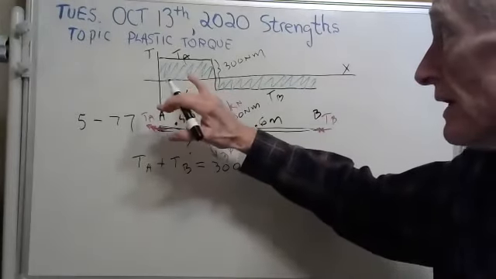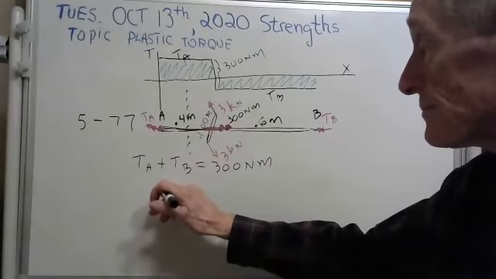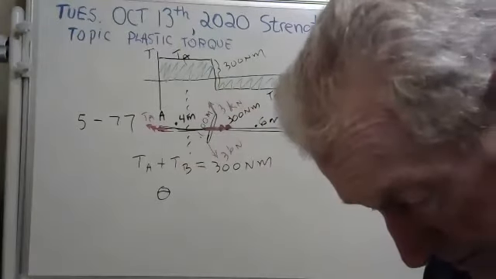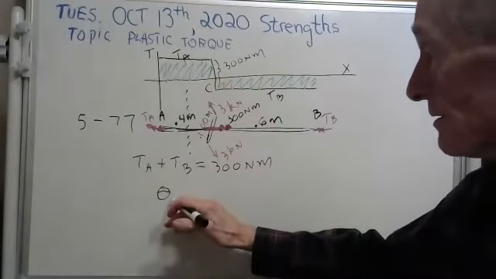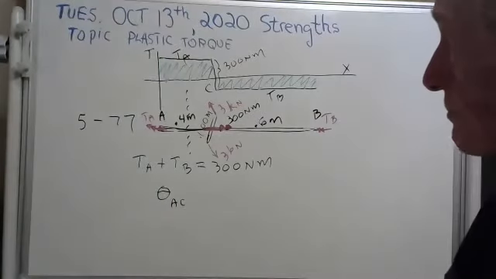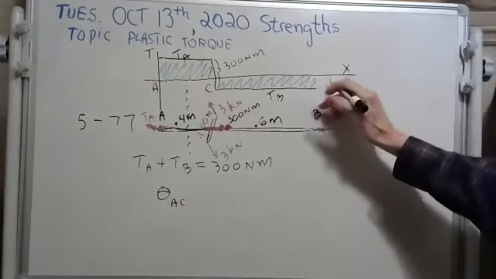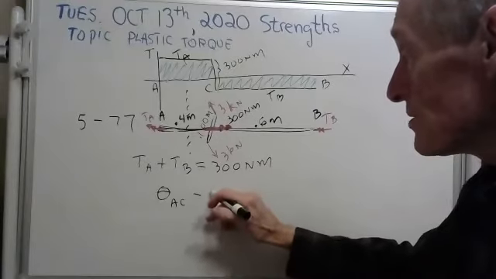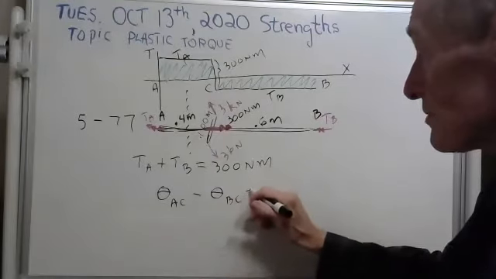The angle of twist of section AB, wait a minute, that's not B, that's C. The angle of twist of the part of the rod from A to C, so here's A, C, and there I guess B is over here, minus the angle of twist of BC equals 0.